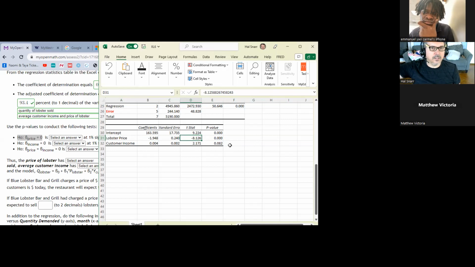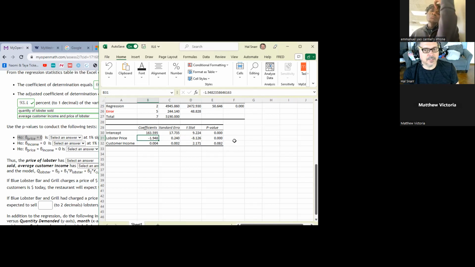So the likelihood of that being a result of just randomness, random stuff happening, is very tiny, which means we're going to conclude that this coefficient is probably pretty close to, it's negative, and we're going to conclude that it's equal to a negative 1.948. Why? Because it's really significant. The smaller the p-value, the more significant that coefficient is, right?